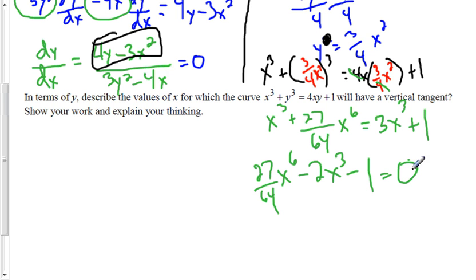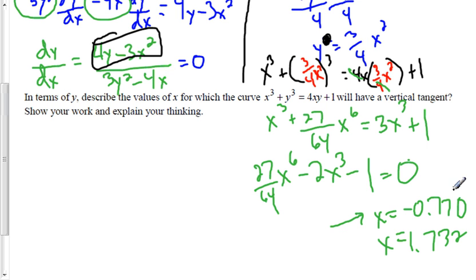I can then either, a couple things I could do. I could put it in the quadratic equation, because that's a square of this. I could use my graphing calculator. And let's just use our graphing calculator and let's get x equals negative 0.770 and x equals 1.732.